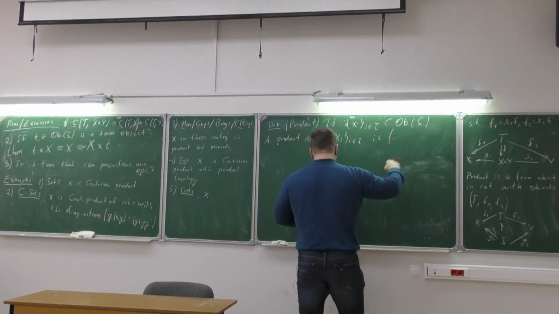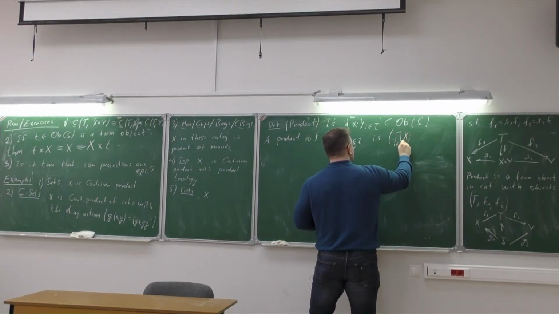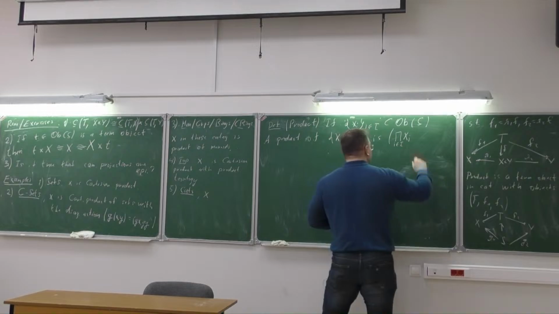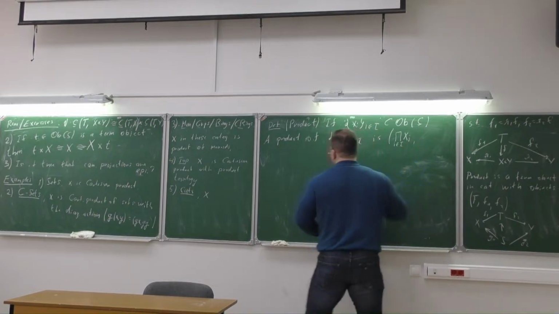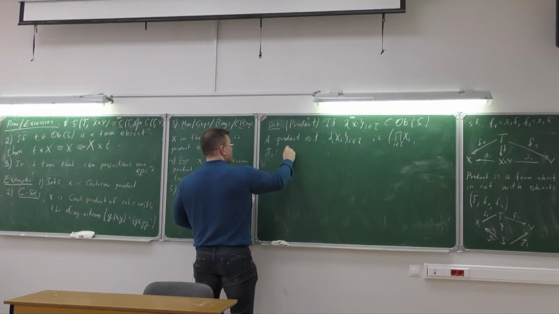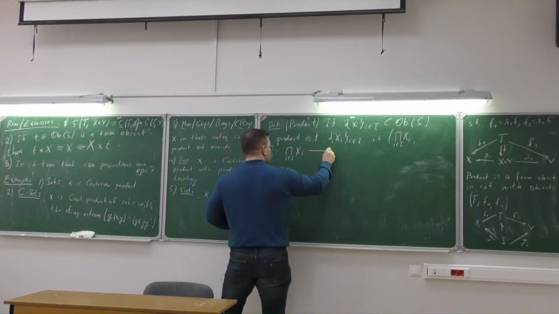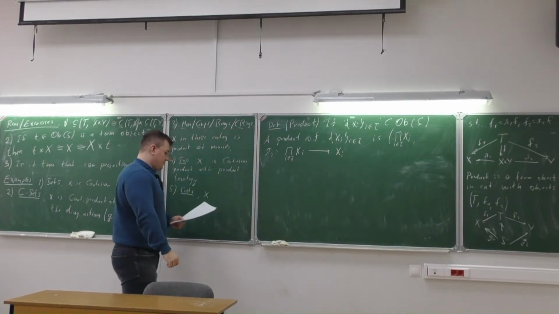formally speaking, an object which I denote as a product, and also for each index little i a canonical projection. So maybe I write it here. Phi i is the canonical projection from the product to the individual component xi.